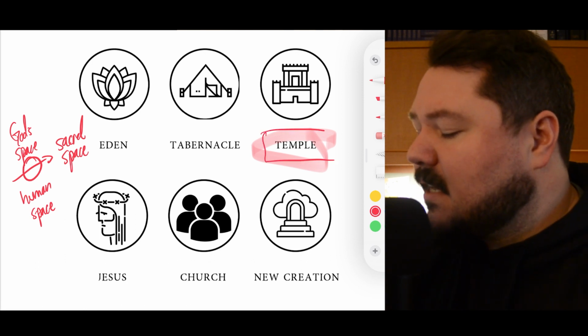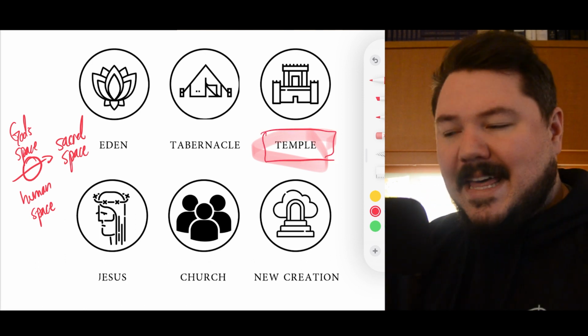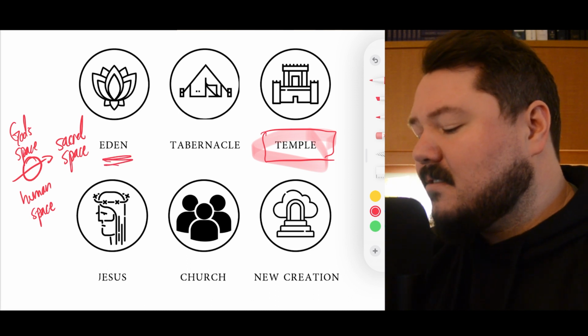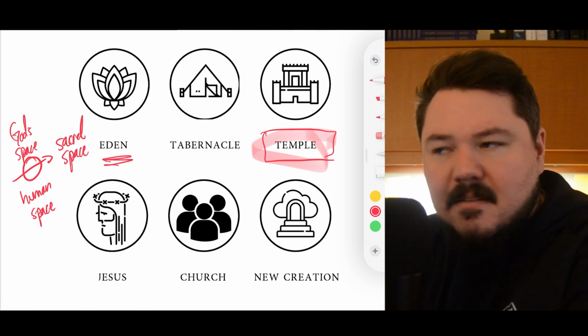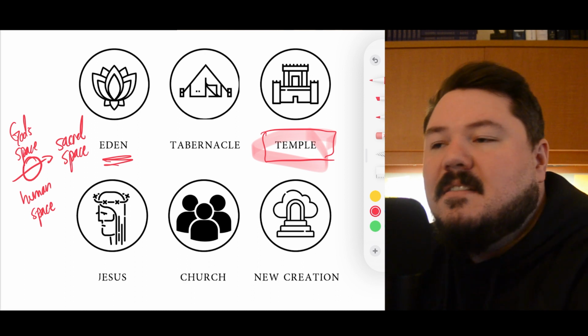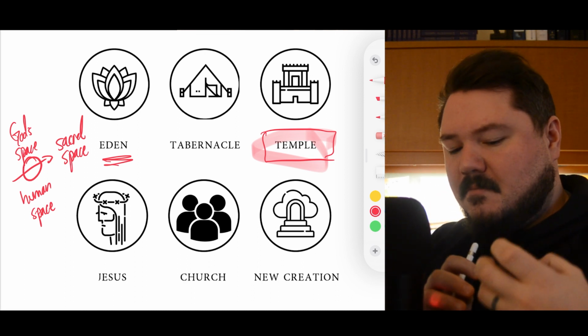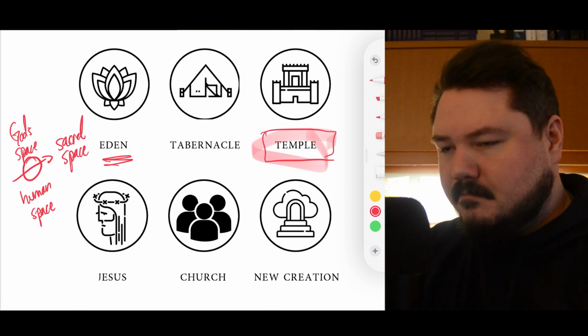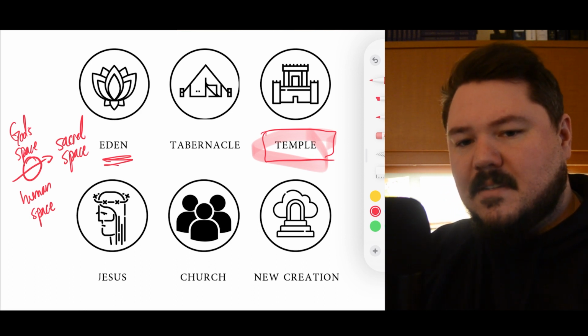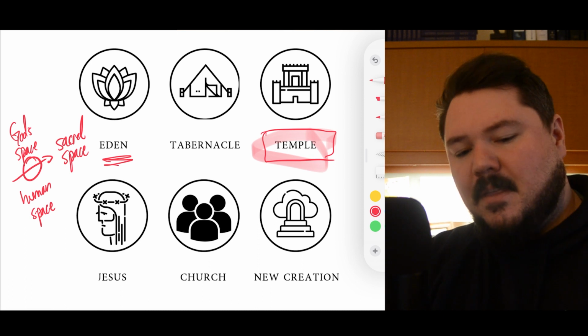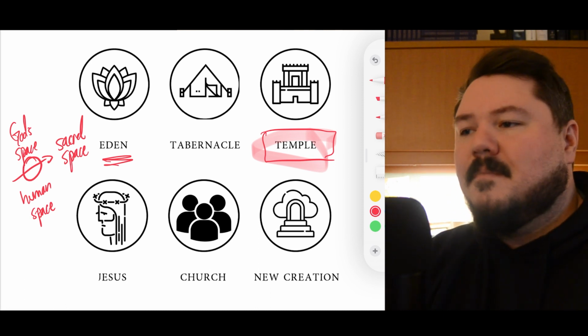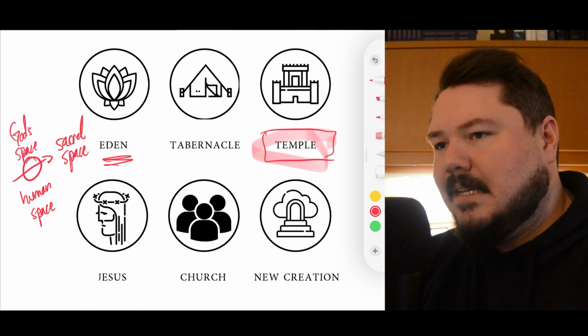But the temple is just kind of one iteration of that in the biblical story. It really starts all the way back in the Garden of Eden, that this was God's intention, that he would be with his people and that his space would intersect or overlap with their space. The Garden of Eden was this pocket where God's dwelling could be with humans dwelling.